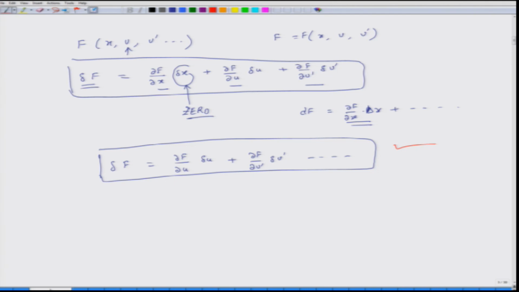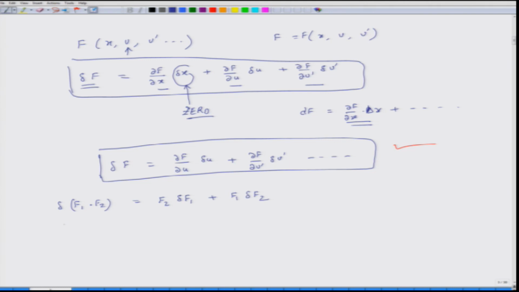Then we will also write down a few other laws related to variations. If there are two functions f1 and f2 and I have to calculate the variation of their product, then very similar to the way we do for differential calculus, it is nothing but f2 times variation in f1 plus f1 times variation in f2.